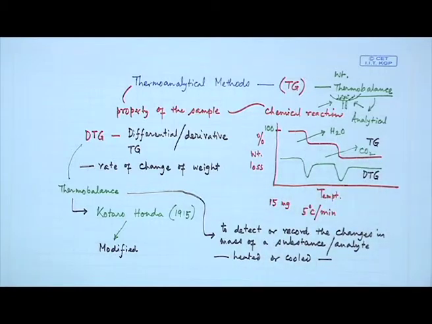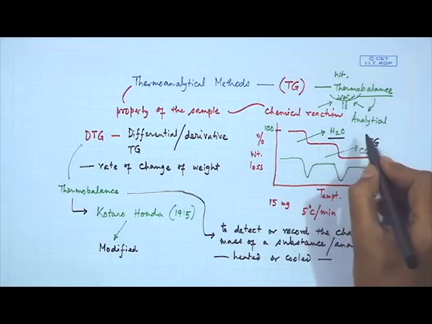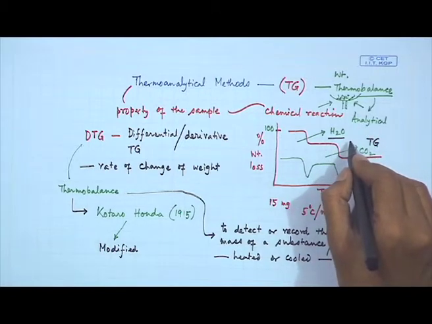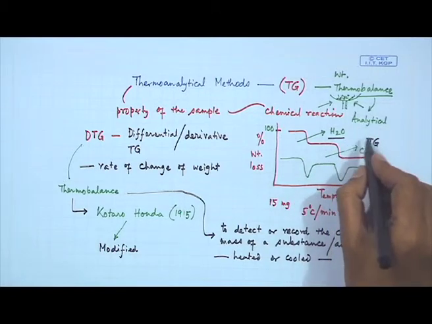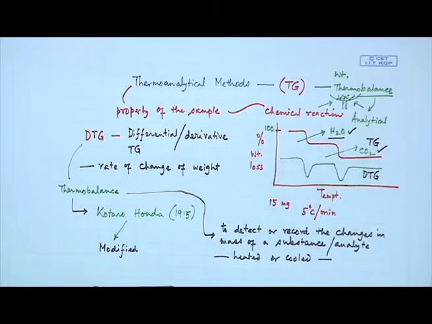So, the burning of any organic material is also related. When we burn any organic material or any food material or any pharmaceutical sample, the decomposition of carbohydrates forms water as well as carbon dioxide.